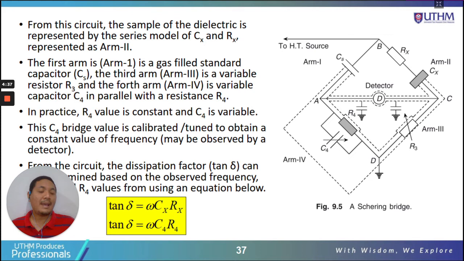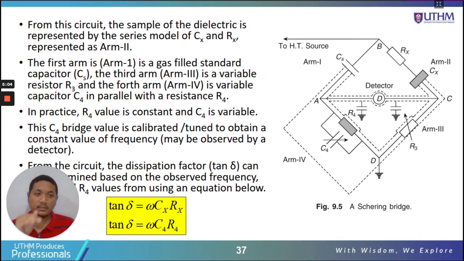So let's look at the Schering bridge circuit. From this circuit, the sample of the dielectric is represented by the series model of Cx and Rx. This is the sample, the insulation material that is going to be tested, represented by R and C in series.